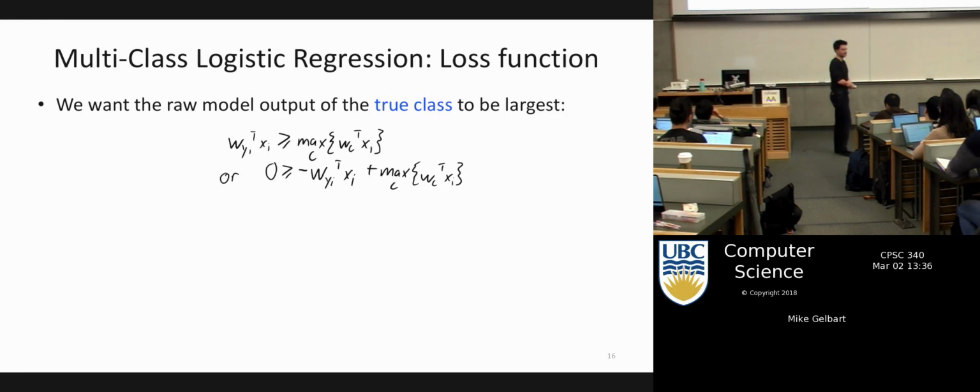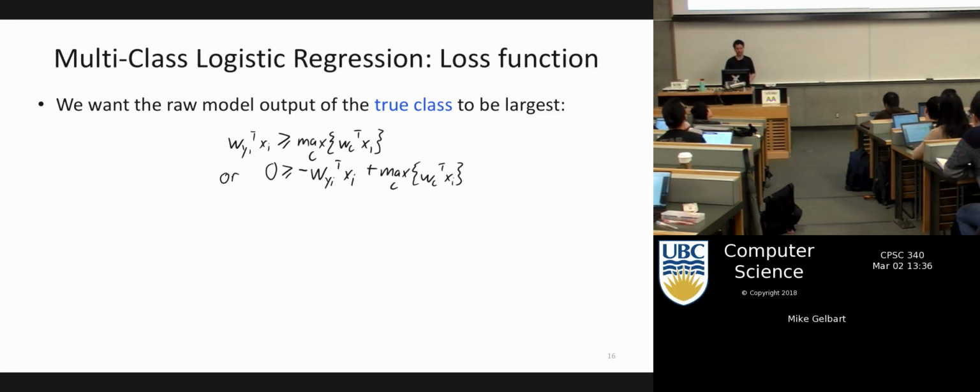But we need to write it in this way to get a loss out of it. Okay, so the score corresponding to the true class should be at least as big as any of the scores. That means our prediction, the biggest score, is going to be the correct class.